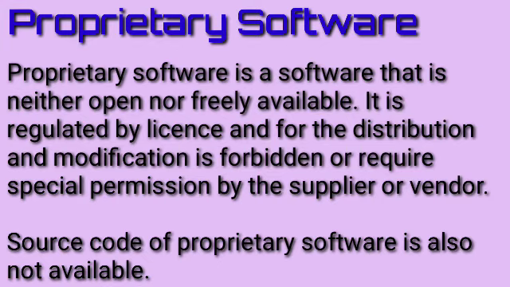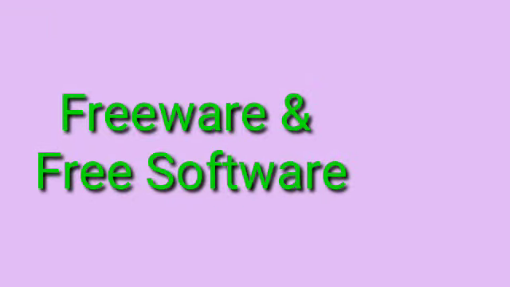If the source code is not available, obviously it cannot be modified or distributed further. So all the restrictions are with the proprietor only, and only if you have permission from the proprietor can you make changes. Examples of such proprietary softwares are Microsoft Windows operating system, Adobe Premiere Pro or Adobe softwares, Quick Heal antivirus software and many more.